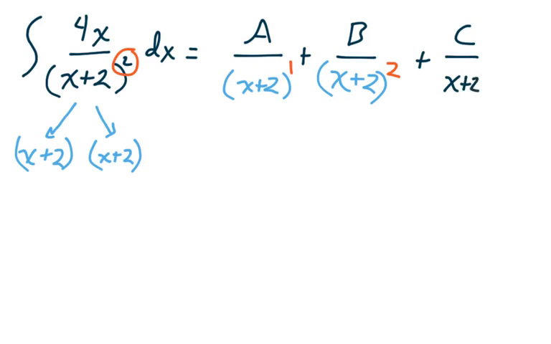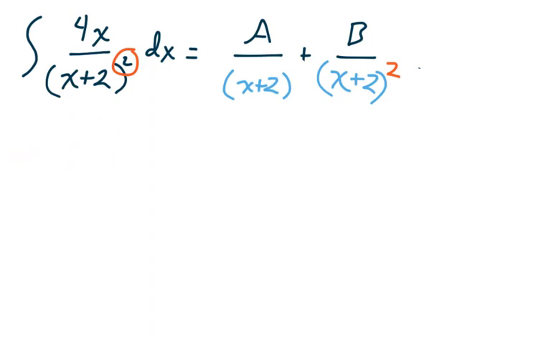Well, then I would have to take one more step to get to a degree 3. Of course, that's not the case. But as many times as it repeats, you have to show each of those denominators so that we can have the proper setup. In this case, A over x plus 2 and B over x plus 2 squared.